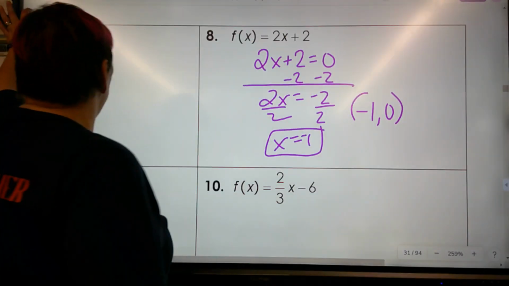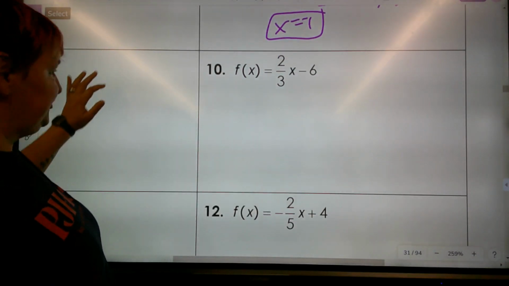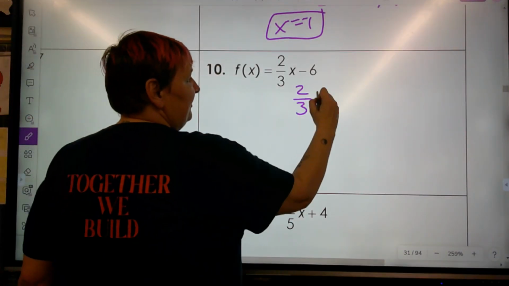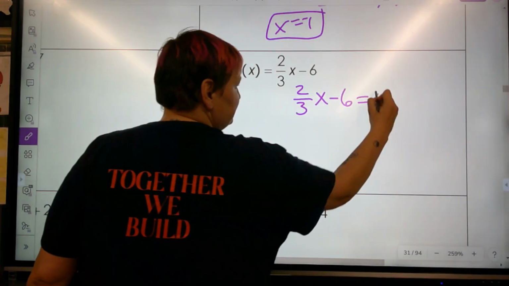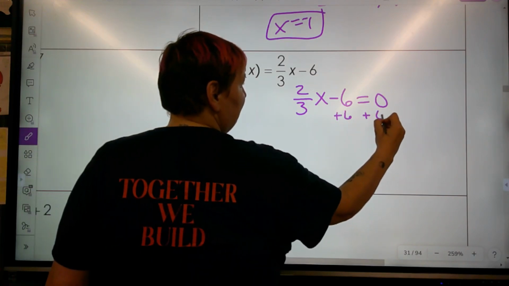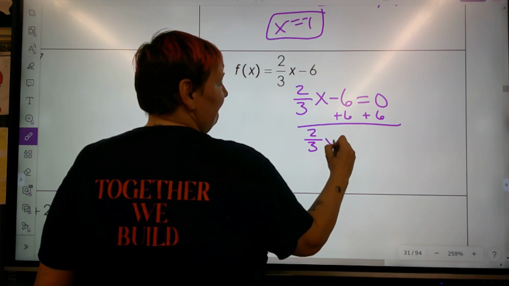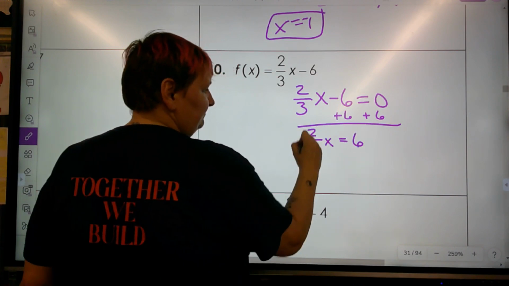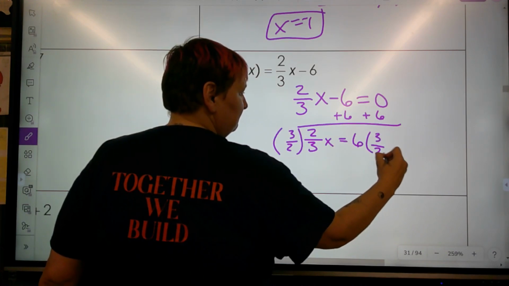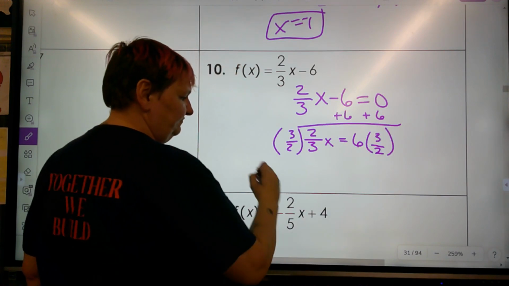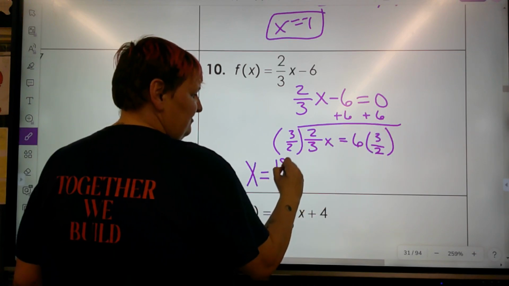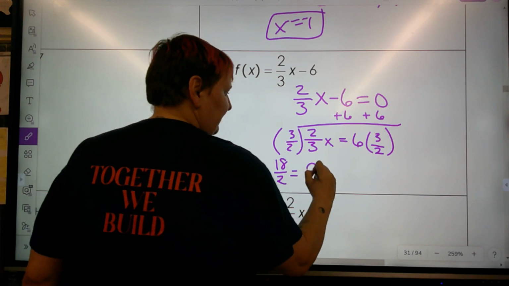Right, so all you have to do is set the equation, or the function, whatever you want to call it, equal to 0 and solve. 2 over 3 x minus 6, set it equal to 0, and then solve for x. Times 3 is 18, divided by 2 is 9.